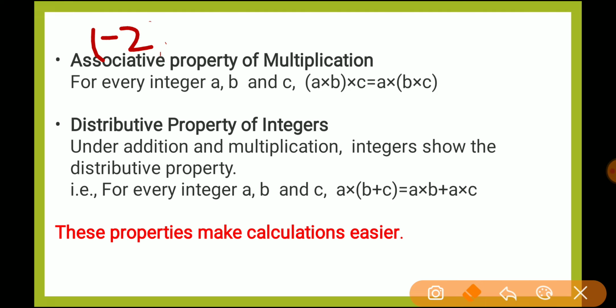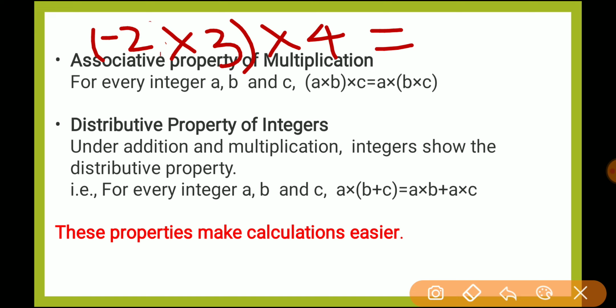So a into b first. It means minus 2 into, suppose your b is 3, in the bracket, then into c. Suppose your c is 4. Now multiply all the numbers. Minus 2 into 3, minus 6. Minus 6 into 4, minus 24.